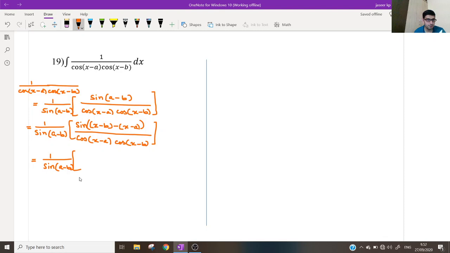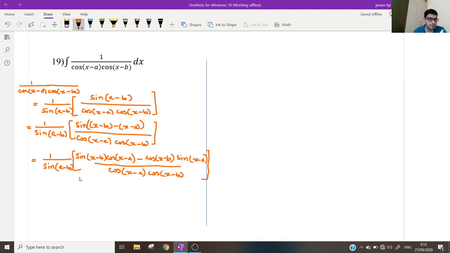So now this will become 1 by sin a minus b. Now the numerator is of the form sin of a minus b, so that can be written as sin x minus b cos x minus a, minus cos x minus b sin x minus a, whole divided by cos x minus a cos x minus b.